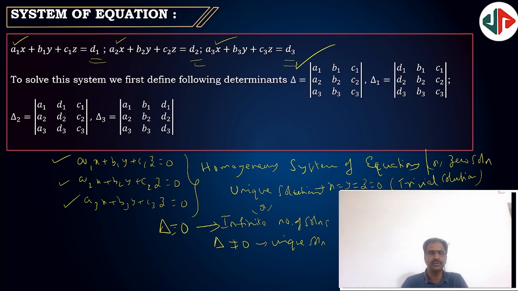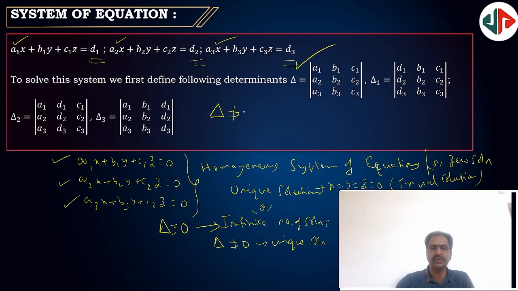They may have unique solution, they may have infinite number of solutions, or they may not have a solution. So no solution case also arises for non-homogeneous equations. Then how to check whether the given non-homogeneous have unique or infinite or no solution? Again by finding delta. What is delta? Determinant of a1, b1, c1, a2, b2.